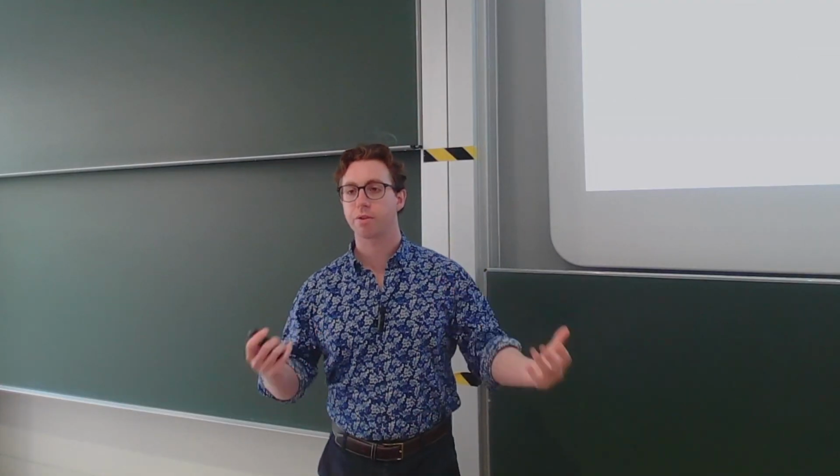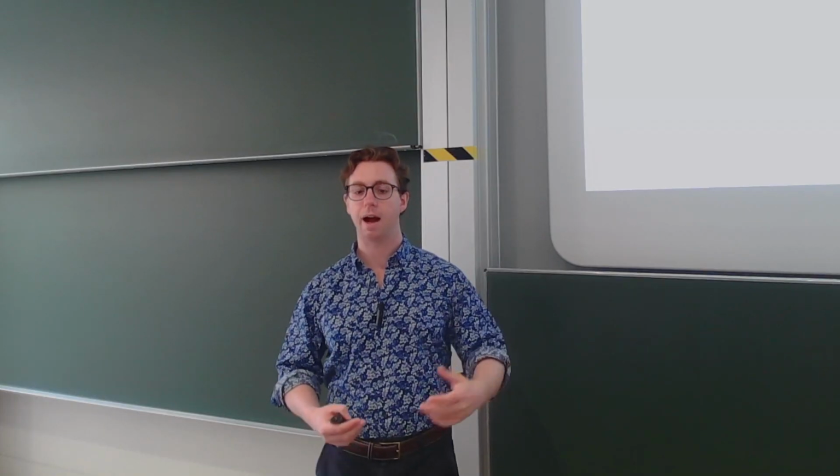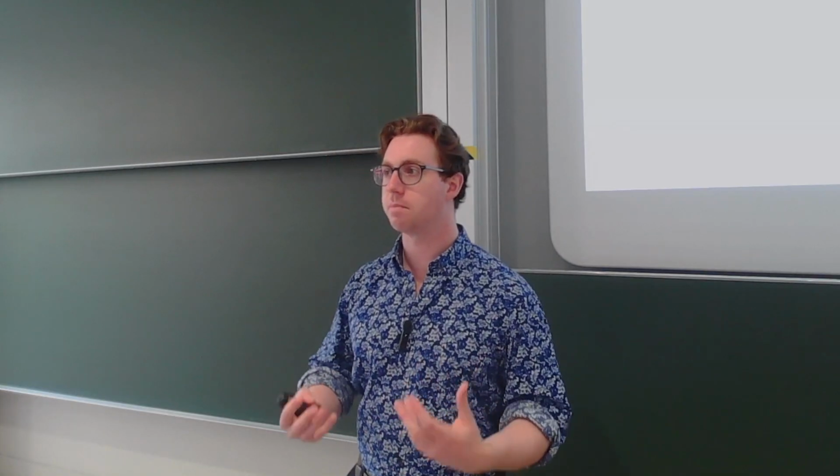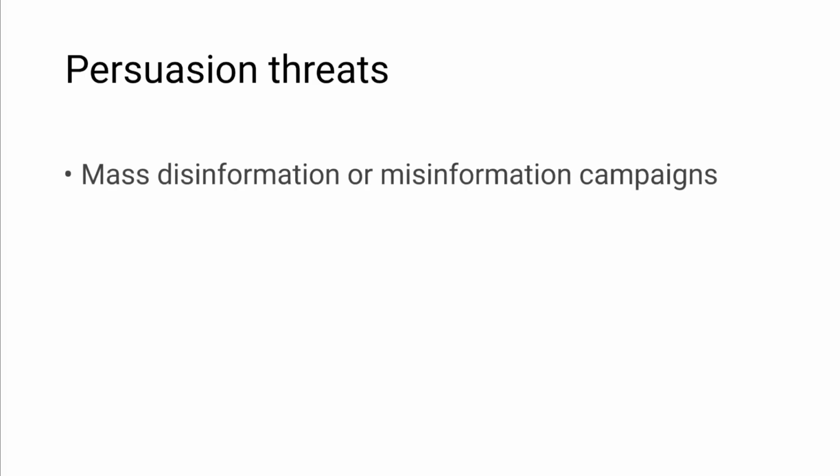So what are the kinds of threats that inform this evaluation suite? We talked earlier about how when you have threats in mind, those threats inform which evaluations you'll perform. So there are various persuasion threats. One is just mass disinformation and misinformation campaigns.